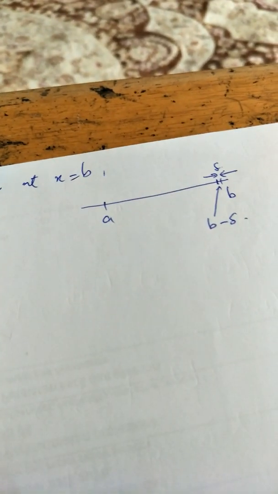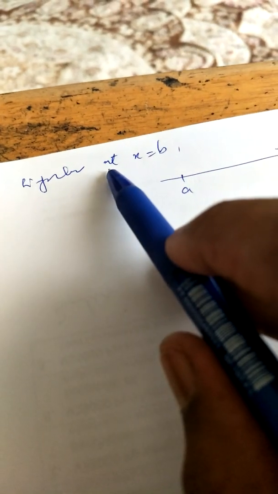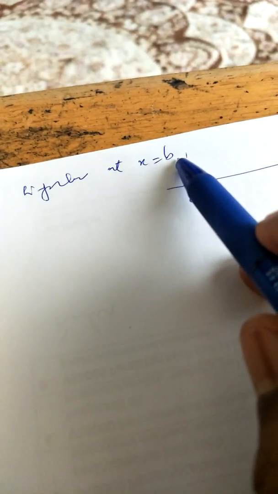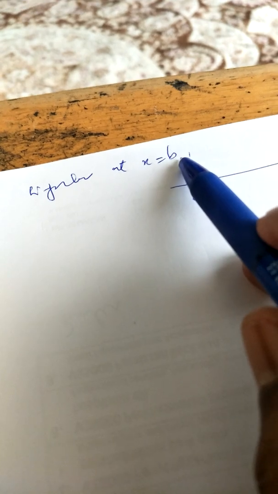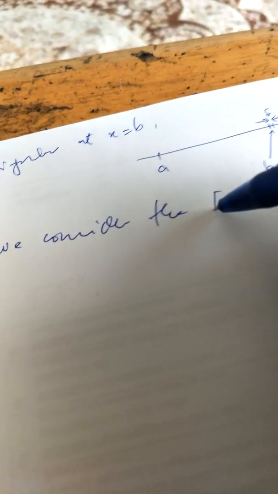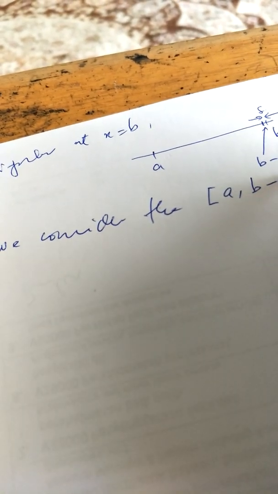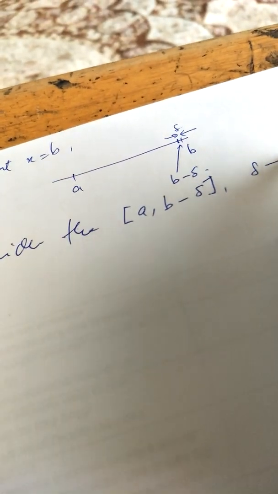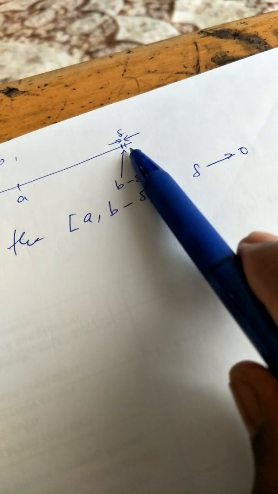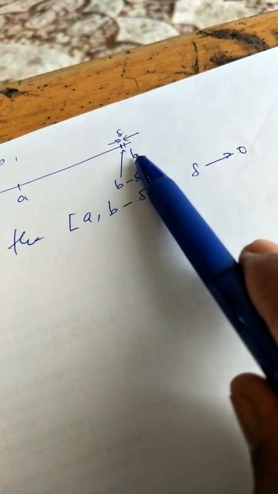So we consider that interval, and again we allow delta goes to 0, so make delta small enough so that we have this point very close to point b that we are looking for.